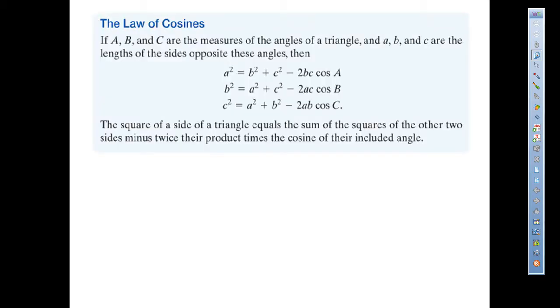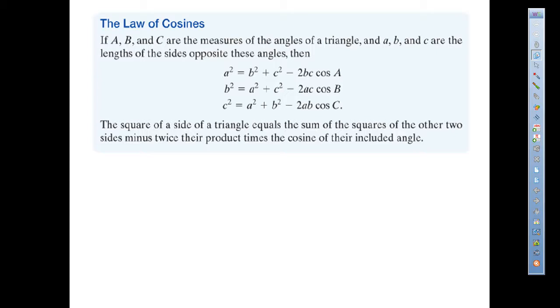Now, the law of cosines says if A, B, and C are the measures of the angles of a triangle, and a, b, and c, lowercase, are the lengths of the sides opposite these angles, then the following relationships hold: a squared equals b squared plus c squared minus 2bc cosine A, b squared equals a squared plus c squared minus 2ac cosine B. I'm not going to read the last one.